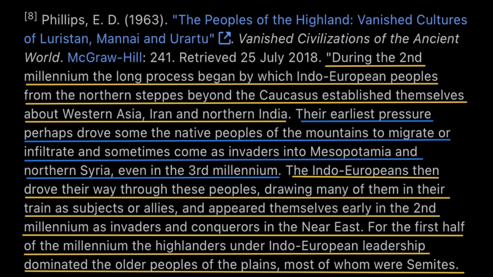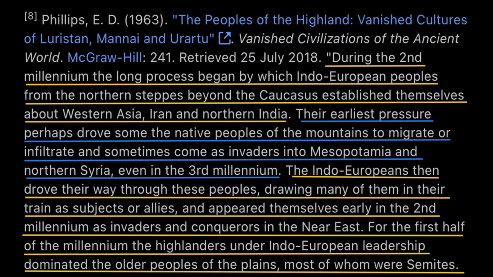This is from The Peoples of the Highlands, Vanished Cultures of Luristan, Mannai, and Urartu. During the second millennium, the long process began by which Indo-European peoples from the northern steppes beyond the Caucasus established themselves about Western Asia, Iran, and northern India. Their earliest pressure perhaps drove some of the native peoples of the mountains to migrate or infiltrate, and sometimes come as invaders into Mesopotamia and northern Syria, even in the third millennium.